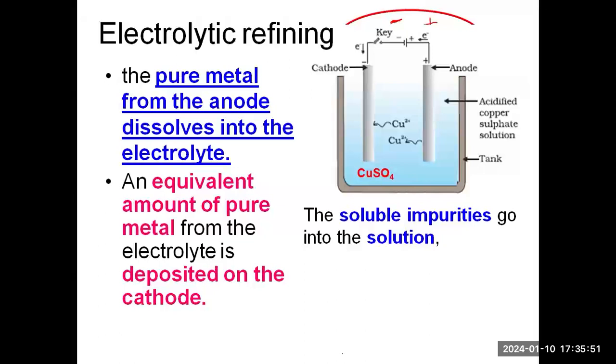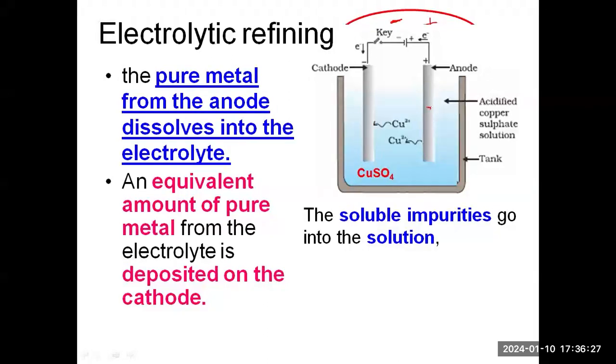So in this way, when the process goes on, copper ions are depositing on the cathode, and from the anode copper ions are coming into the solution. So the anode keeps on decreasing in size and the cathode goes on getting thicker, because copper is depositing on it layer by layer.